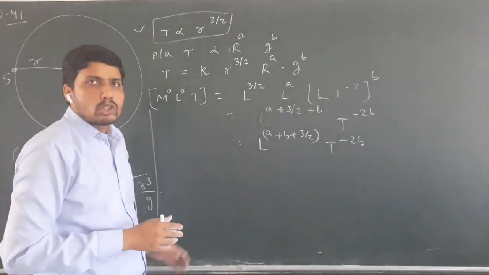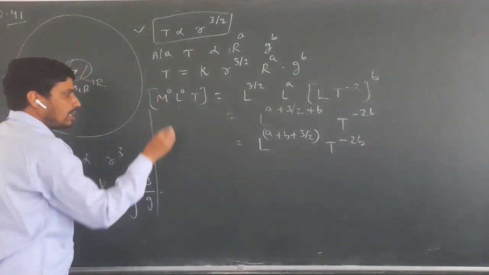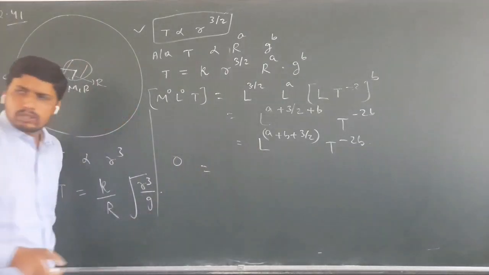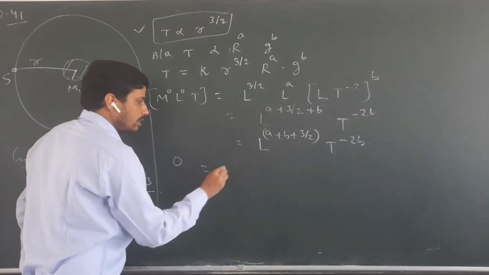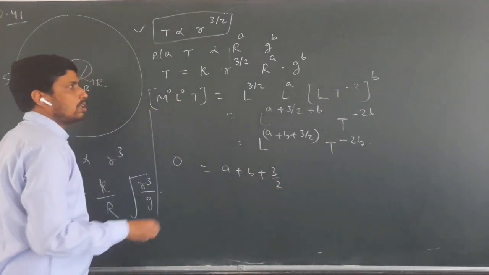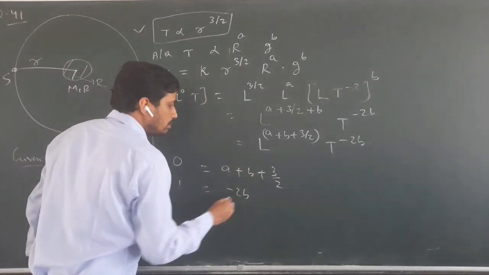Let us now equate the dimensions or the powers for mass, length and time. For mass, 0 is equal to 0, so no need to write that. For length, 0 equals a plus b plus 3 by 2. And for time, 1 equals minus 2b.